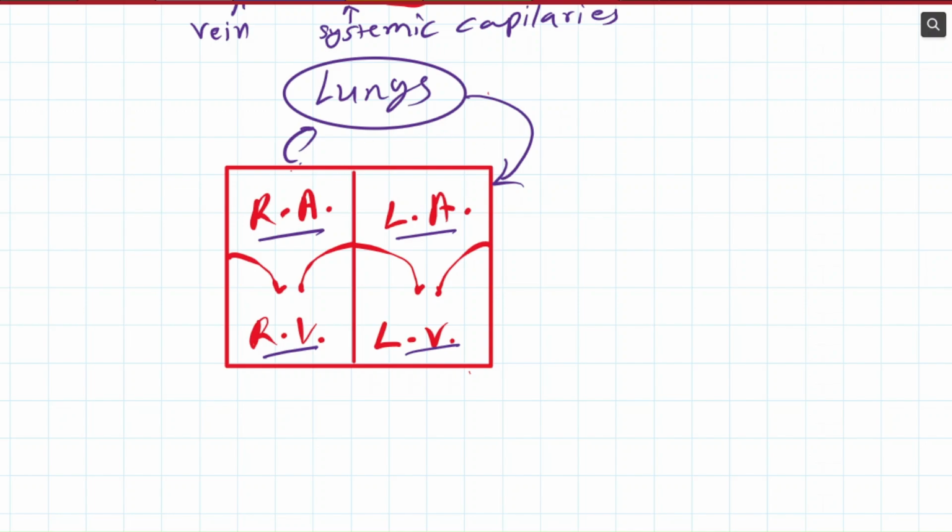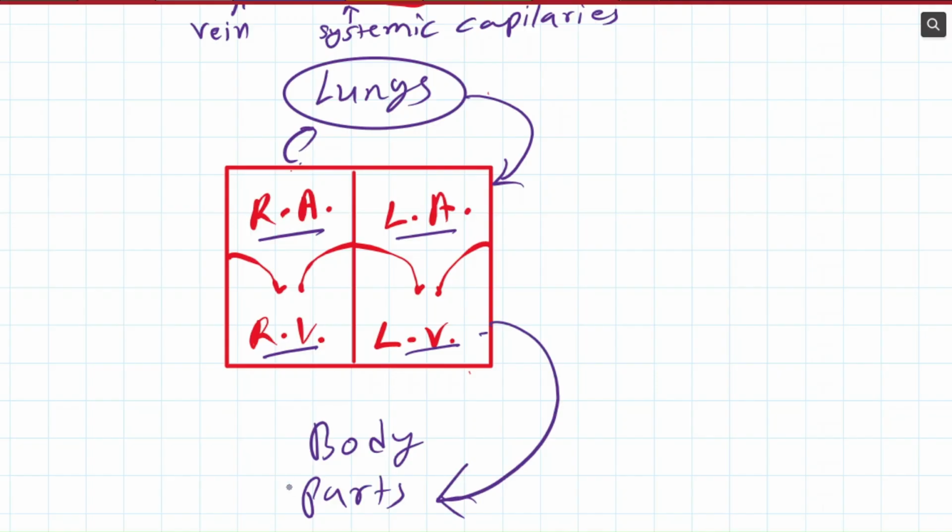After that, this oxidized blood or oxygenated blood is going from heart to different body parts, which is called systemic circulation. From heart to different body parts, and from different body part to the heart again. If you see here, the circulation is taking place twice.